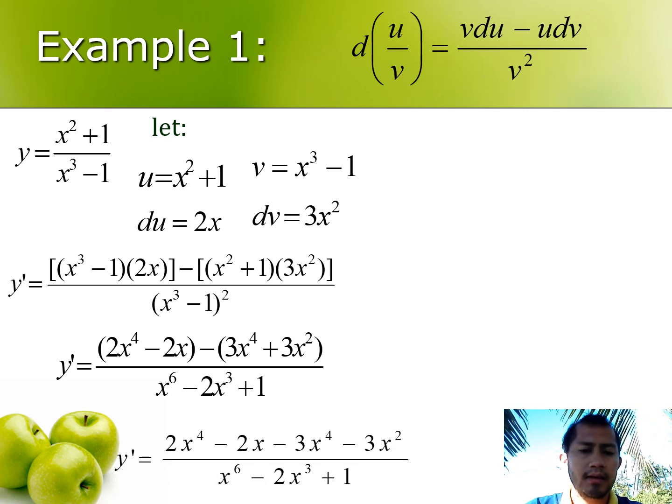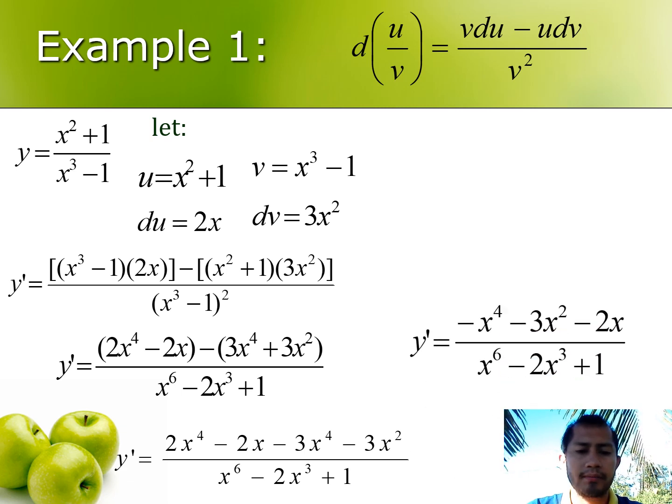Then if we simplify further, we need to distribute the negative sign to 3x to the fourth and 3x squared. The result is 2x to the fourth minus 2x minus 3x to the fourth minus 3x squared all over x to the power of 6 minus 2x cubed plus 1.